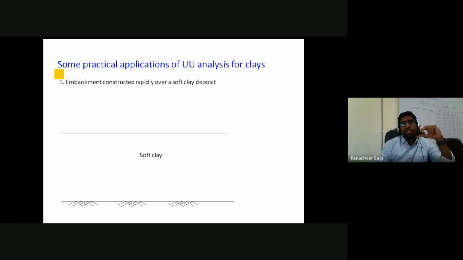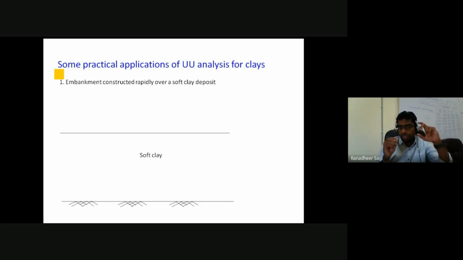From that UU test, if the soil is fully saturated, it is obvious that your failure envelope is going to be horizontal, irrespective of whether you are plotting your Mohr circle in terms of effective state of stress or in terms of total stress. The failure plane is going to be horizontal, which indicates that your angle of shearing resistance is going to be 0, and you will have only what is called the undrained cohesion value.